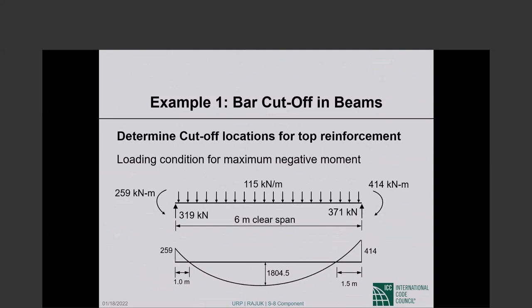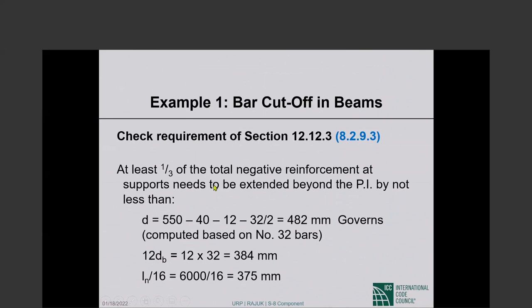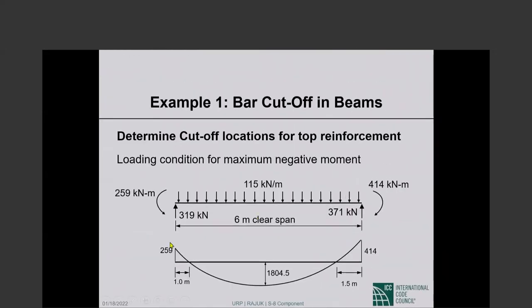Loading condition for maximum negative moment is 414 here, 259 here, 1804.5 here. So this is the bending moment diagram that we are dealing with. Loading condition for maximum negative moment.